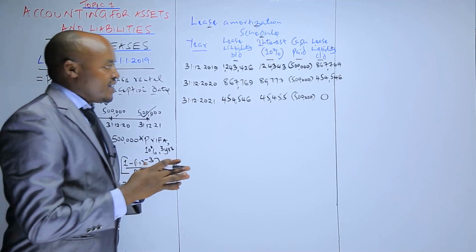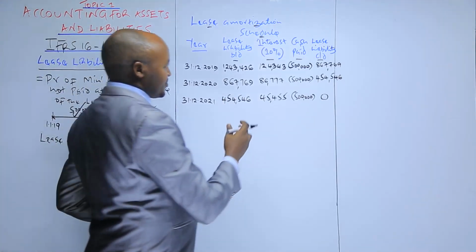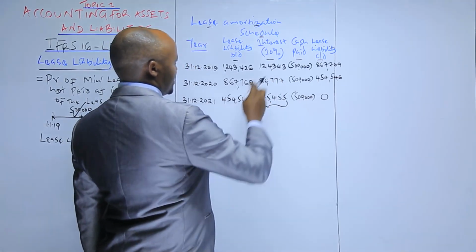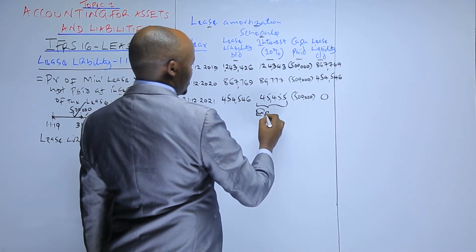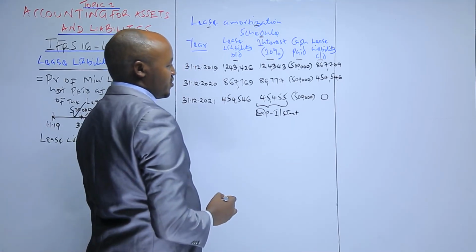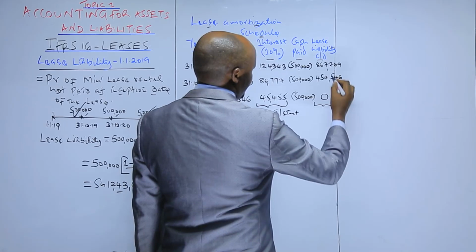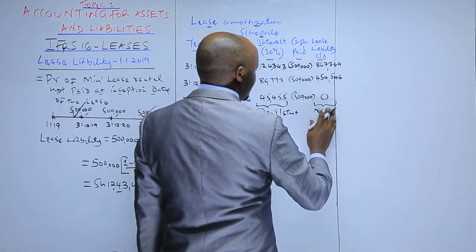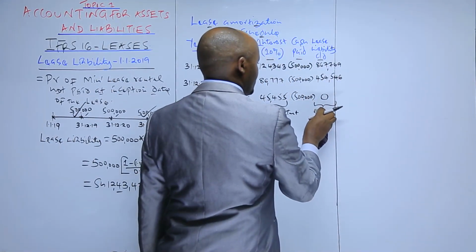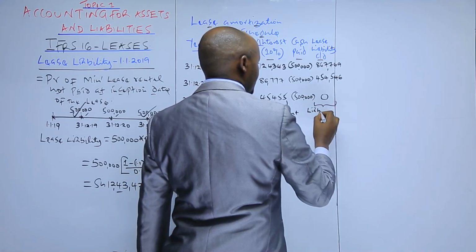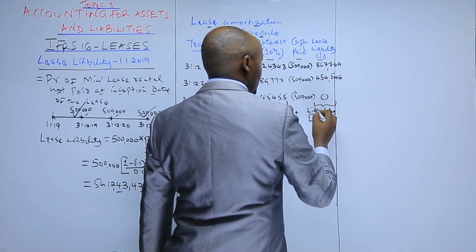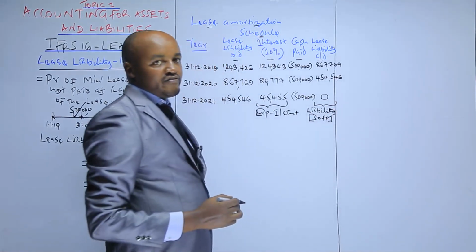And what now the lessee should account for in his financial statement is that this interest which we have here is accounted for as an expense in the income statement of the lessee, and then this particular lease liability is a liability in the statement of financial position of the lessee.